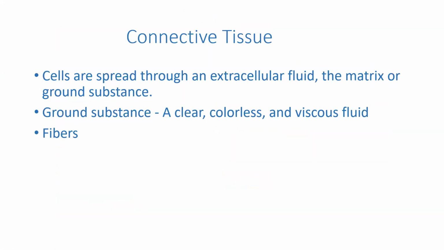The next category is connective tissue. Connective tissue is any tissue that meets the definition of living cells in a matrix that can be a solid, a liquid, or a gel with fibers embedded through the matrix.